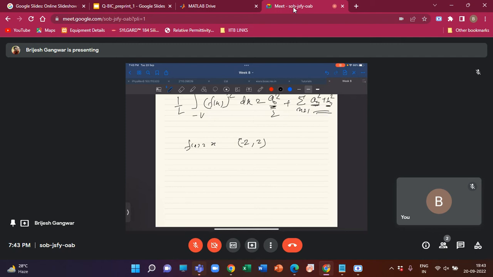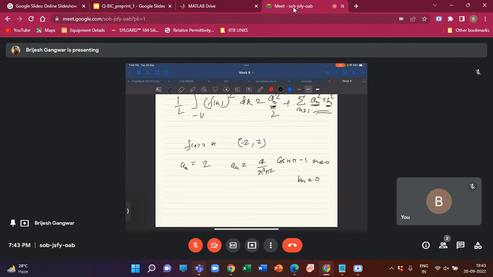From the previous class we got a0 equal to 2, and an equal to 4 by n square pi square times cos n pi minus 1 when n is not equal to 0, and bn equal to 0, since it is an even function.